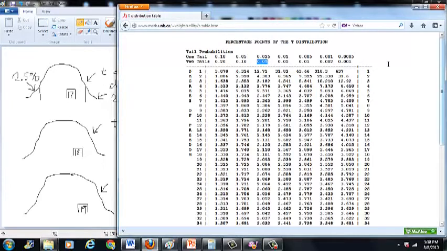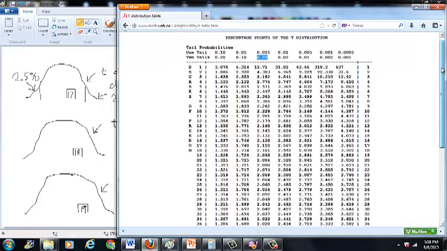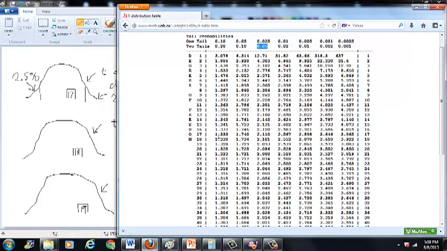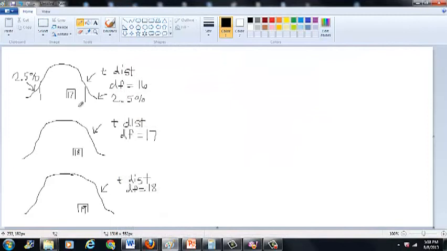And then once we have our column, we go down to the row that says 16 degrees of freedom, which is down here. And we have 0.05, two tails, and it meets up with this row of 16 degrees of freedom at 2.12, which means our positive critical value is 2.12, and our negative critical value is negative 2.12.